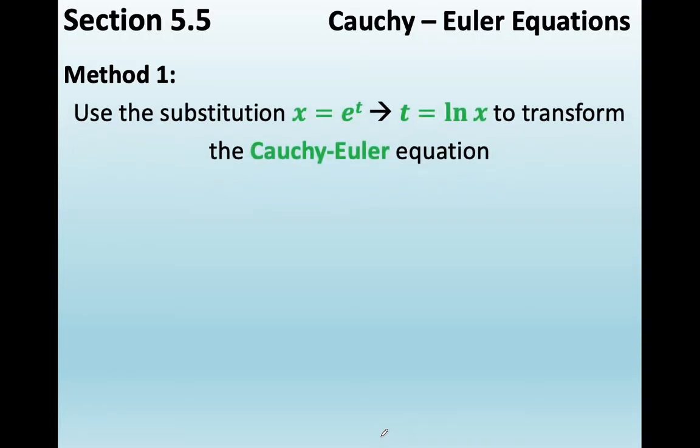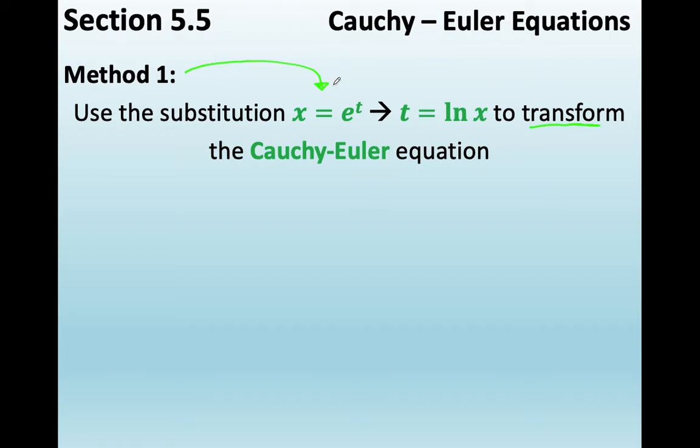Method 1 transforms equations to match Cauchy's form. So once I'm in Cauchy-Euler form, then I'm going to transform. And method 1 is this transformation. Method 2 will be a different transformation.